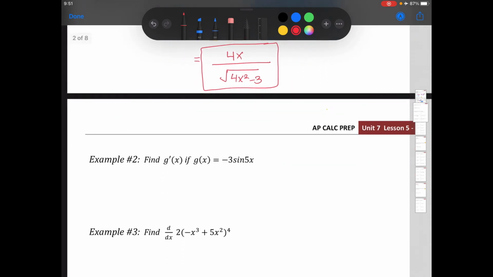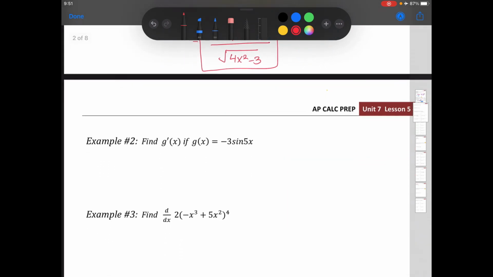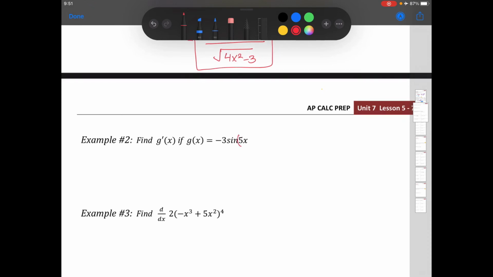So this is how you do chain rule. Take the derivative of the outside, or differentiate the outside, and then take the derivative of the inside. So let's try example 2. Here it says find the derivative of this trig function. So again, I want to actually put parentheses around it, so it makes it simpler.